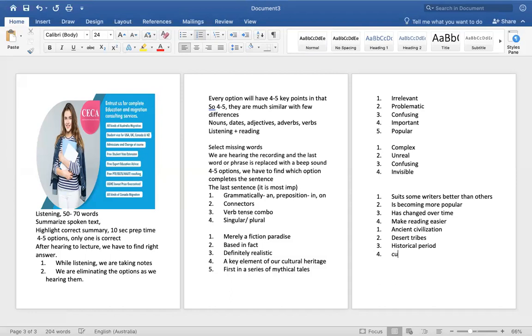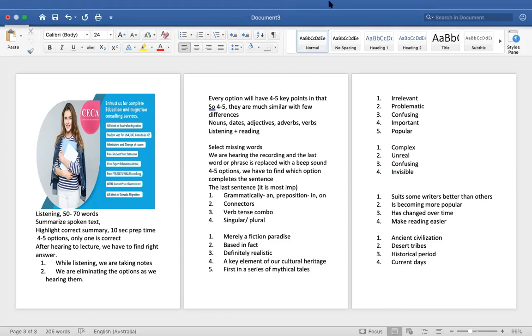Then you see, these are the different stages of time, right? So these four options, and the recording is played in 7 seconds. And now.